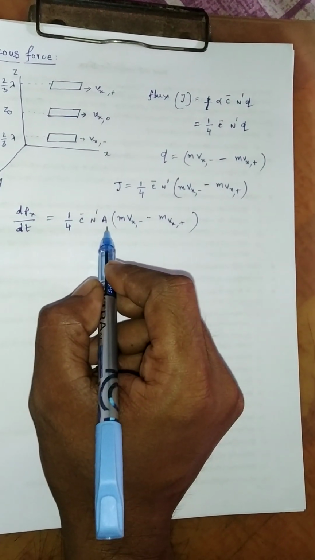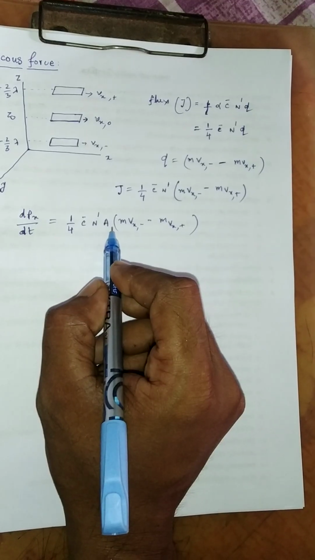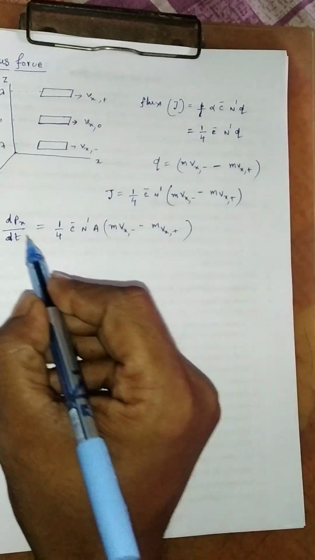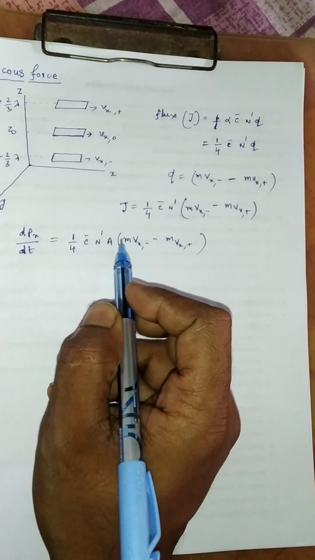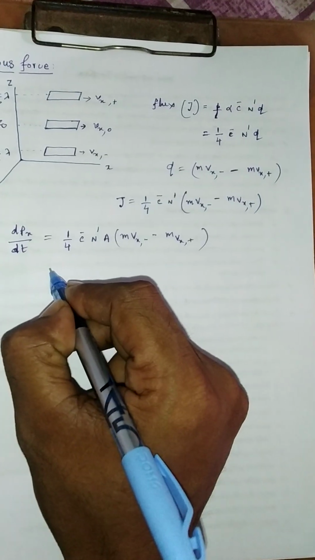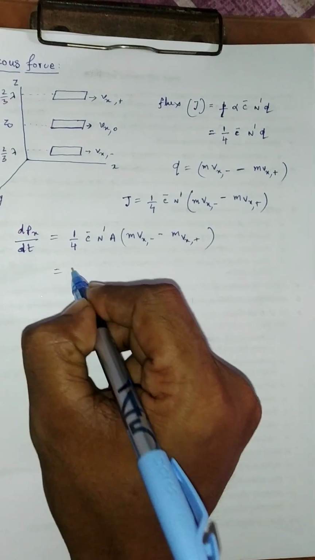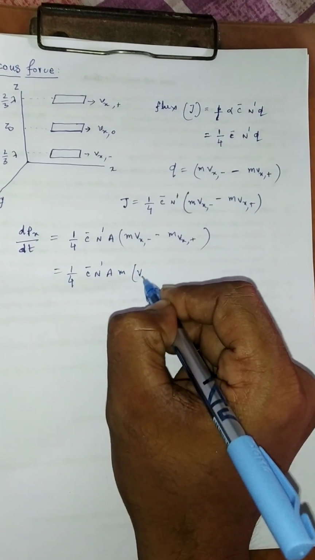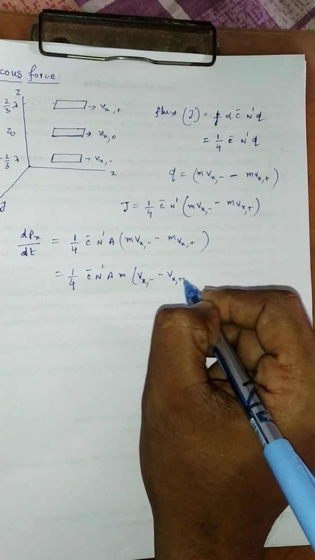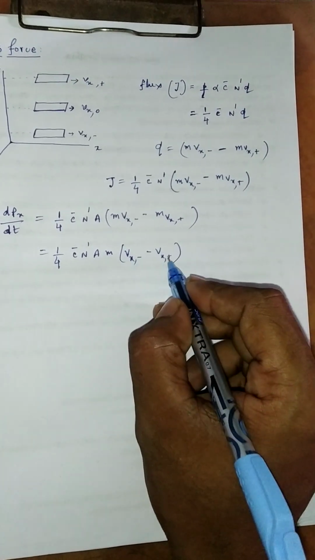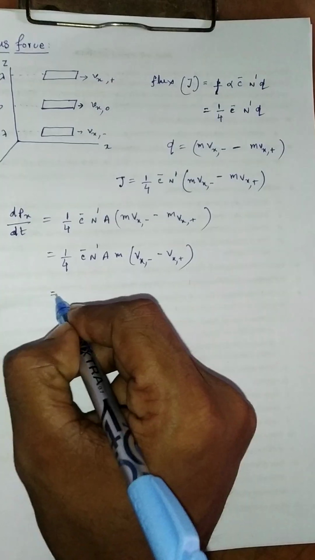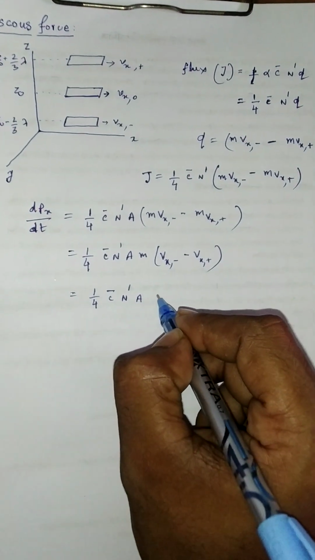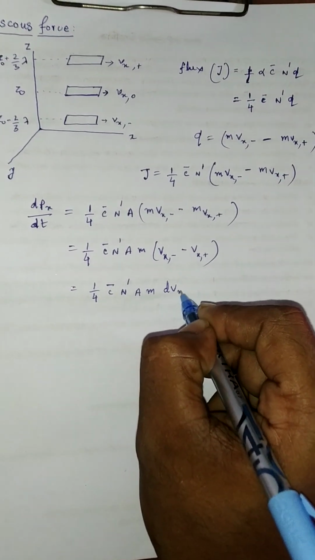Here A is the area of the layer through which momentum is transported. Now we can rearrange the equation: 1 by 4 C average N dash A m times Vx minus Vx plus, and Vx minus Vx plus we can write as dV. So 1 by 4 C average N dash A m dVx.